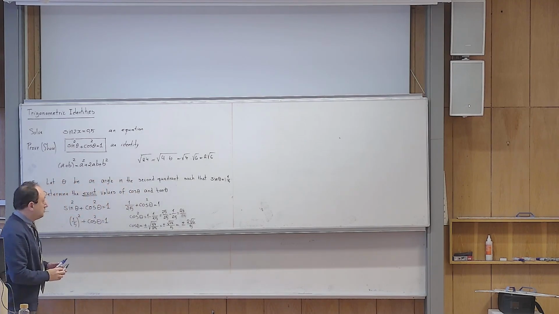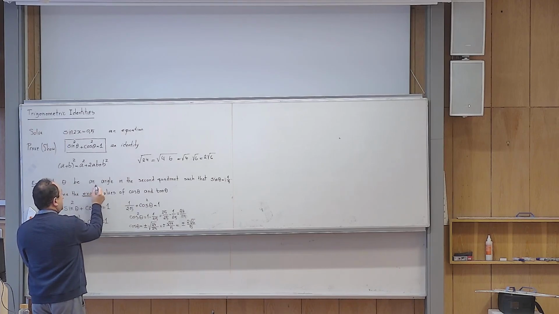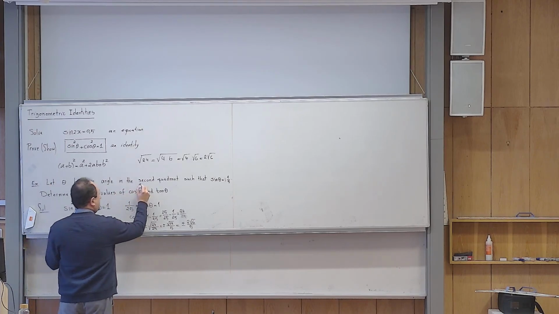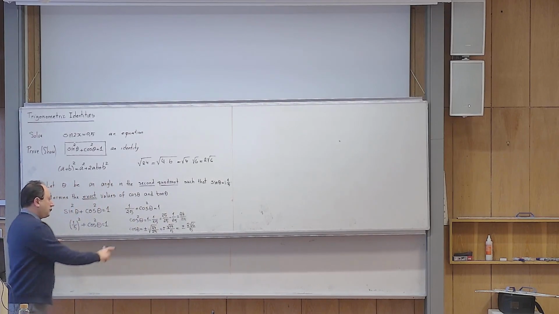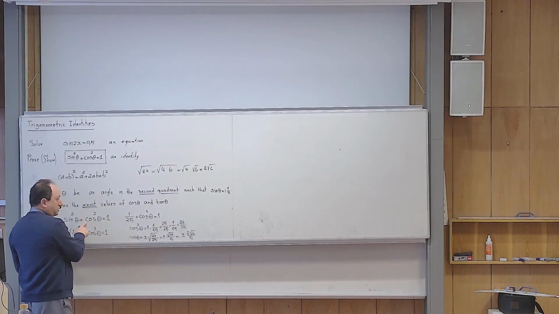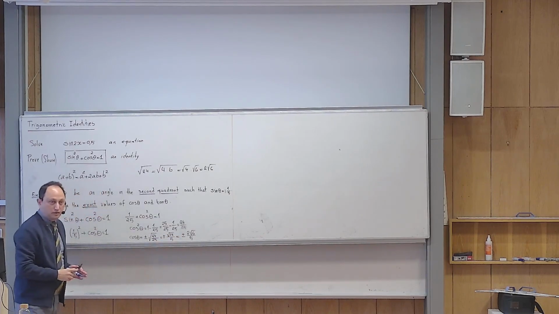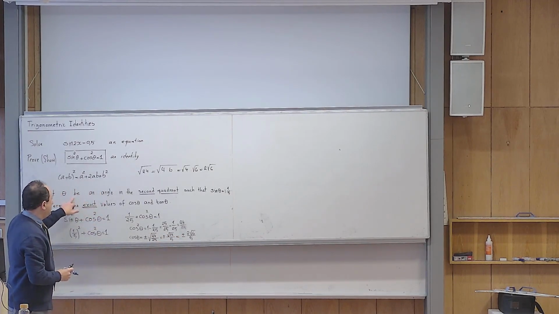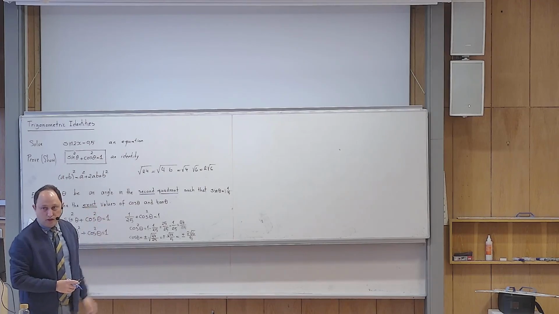Okay, but I haven't used this information yet. Theta is an angle in the second quadrant. So cosine theta, as far as this relation is concerned, has two solutions, one with positive sign, one with negative sign. But because it is explicitly mentioned that theta is in the second quadrant, you need to visualize: is cosine theta positive in the second quadrant or negative?